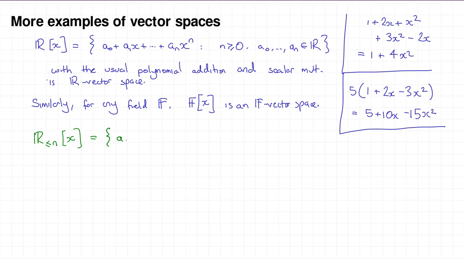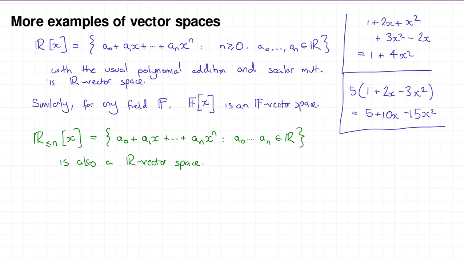In other words, all things of the form a0 plus a1x plus, and so on, up to an x to the n, where these numbers a0 up to an are real numbers. That is also a real vector space when you give it the usual polynomial addition and the usual scalar multiplication, as we've just talked about.